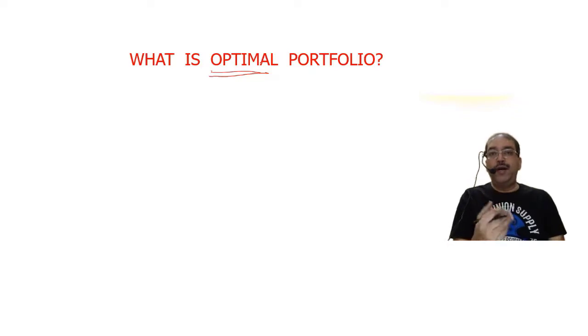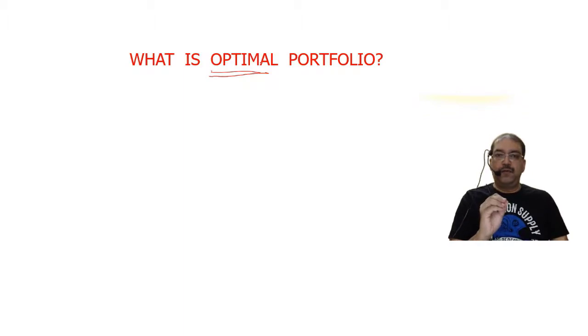I told you, moderate level of risk. So the given level of risk is moderate. For that given level of moderate risk, I want to maximize my returns. If I get maximum returns for a given level of risk, then that is an optimal portfolio.